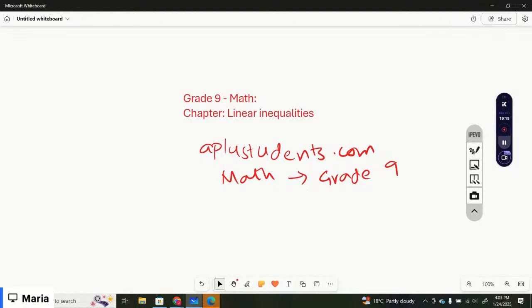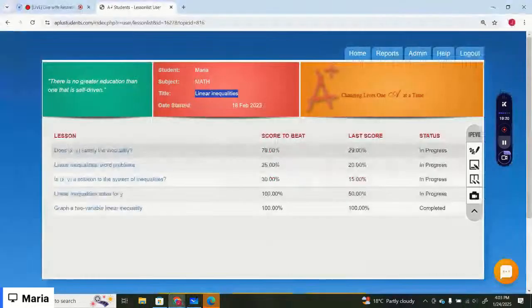So please make sure you have your notebook and pencil so that you can note down the important examples and definitions as well. Grade 9 math, the chapter we are on right now is linear inequality. Let's just see the lesson.